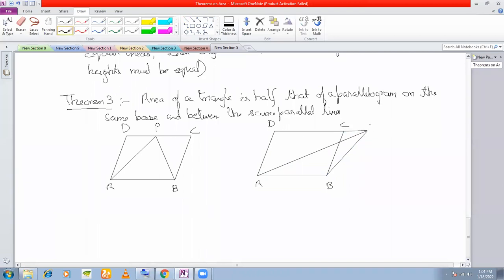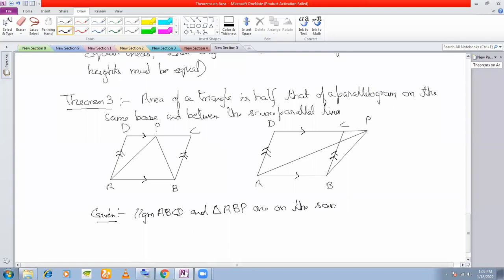Let's call this point P. Okay, so I give you parallelogram ABCD and triangle ABP are on the same base. Let me specify the parallel lines also. So parallelogram ABCD and triangle ABP are on the same base.